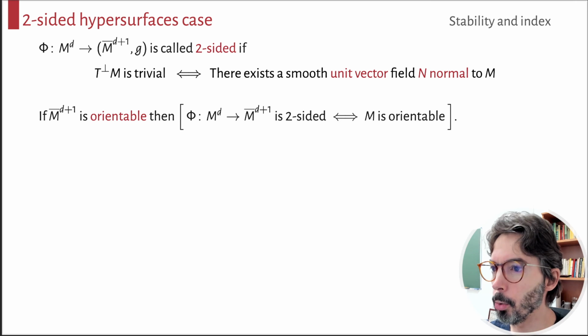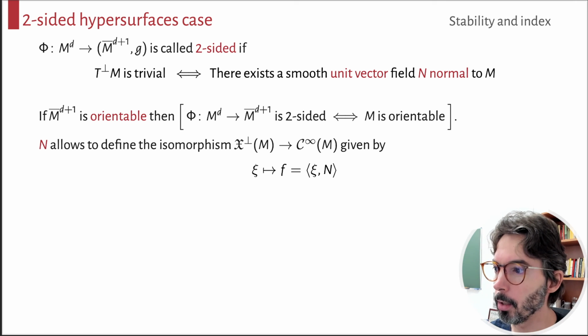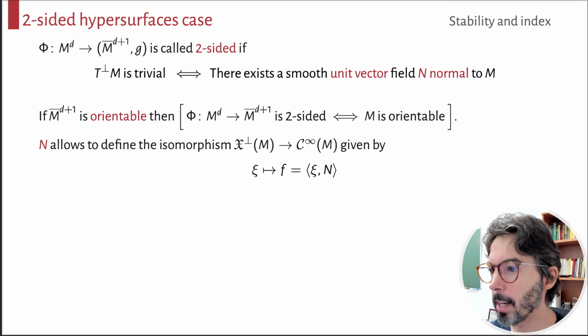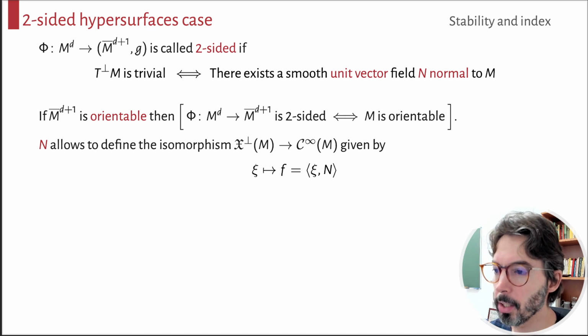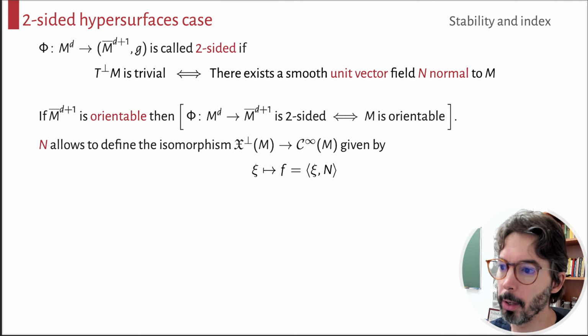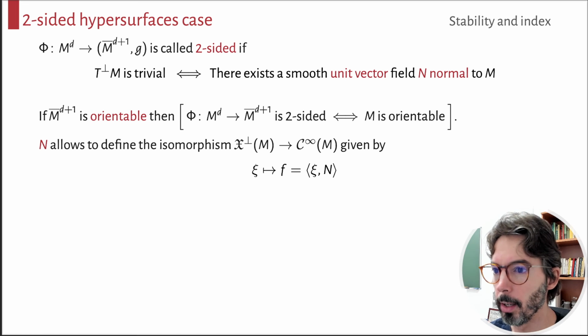Then, thanks to the existence of this normal vector field, we can find an isomorphism between normal vector fields psi and functions over the manifold, which is given by just the scalar product with the normal N.